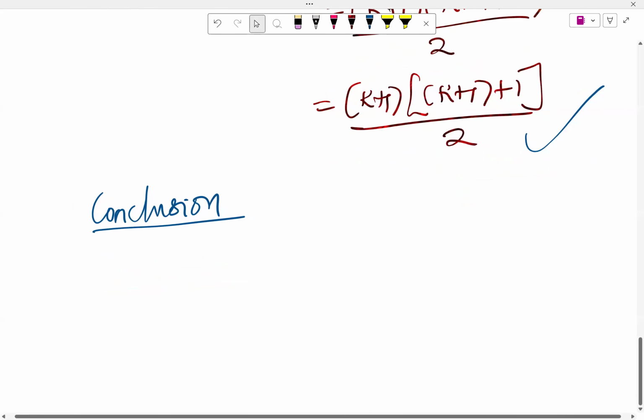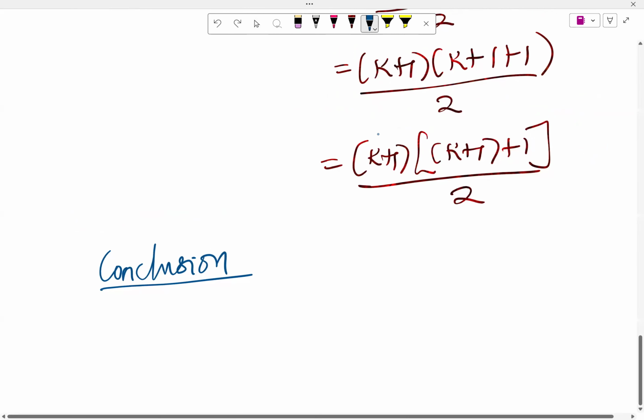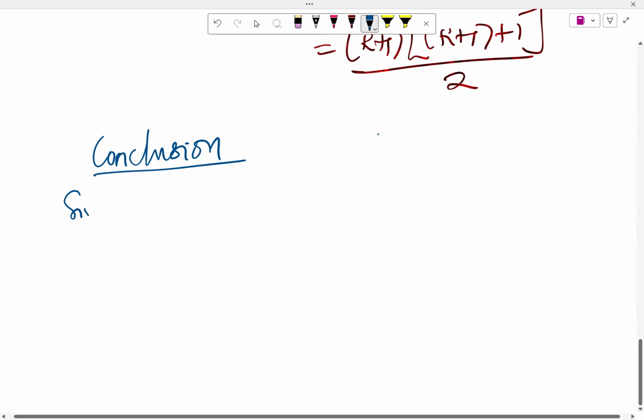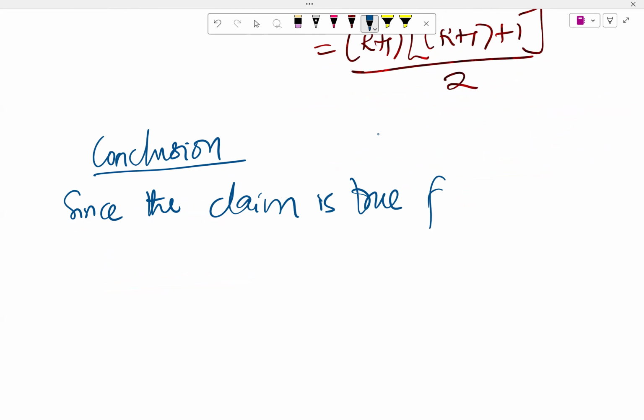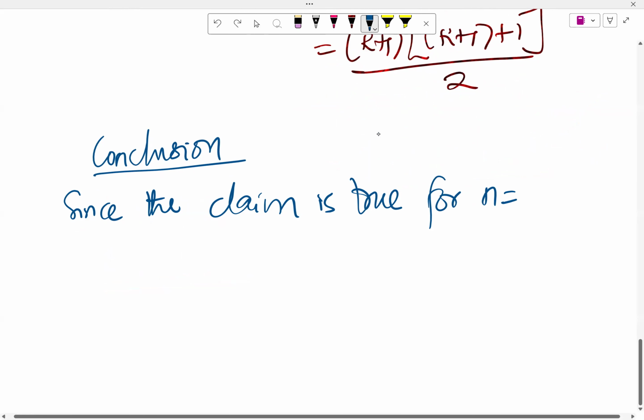You can now say, since the claim is true for n equals 1, or we can even summarize that.